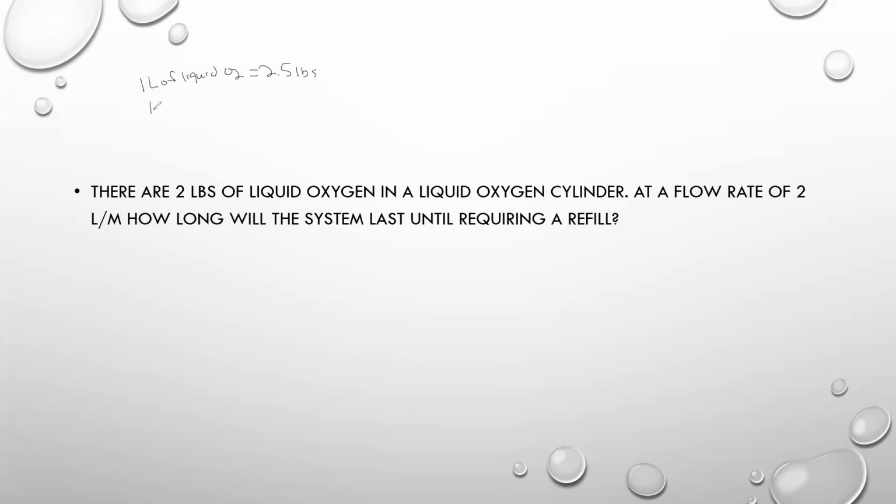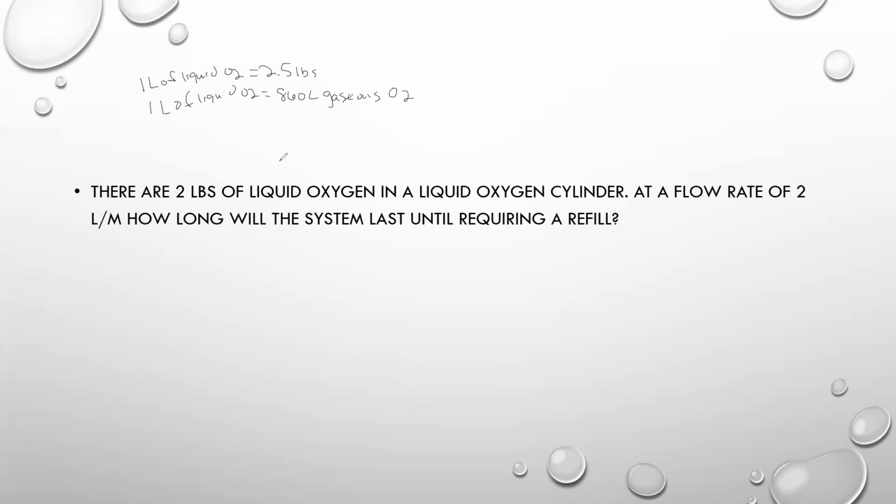We also need to understand that 1 liter of liquid O2 puts off 860 liters of gaseous O2. So you can see that you can store a whole lot more oxygen in its liquid form than you could in its gaseous form.